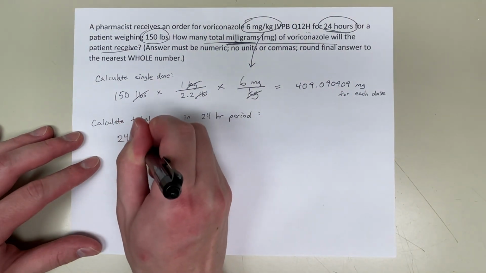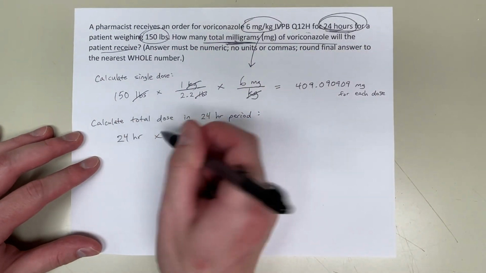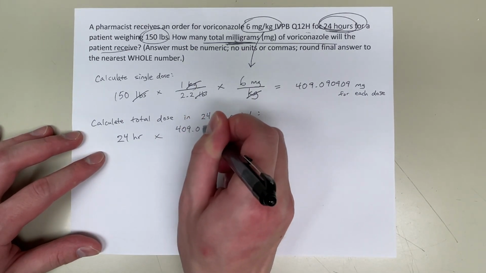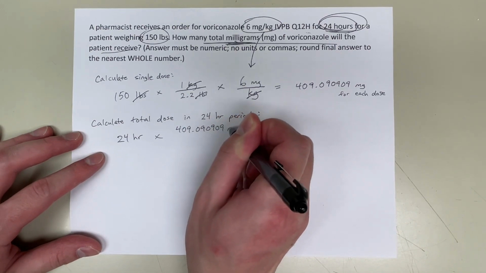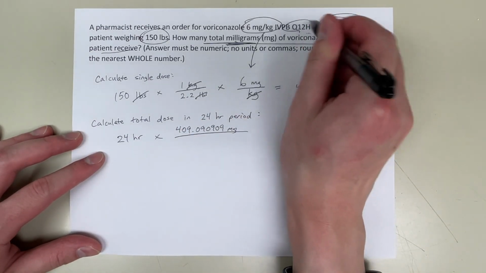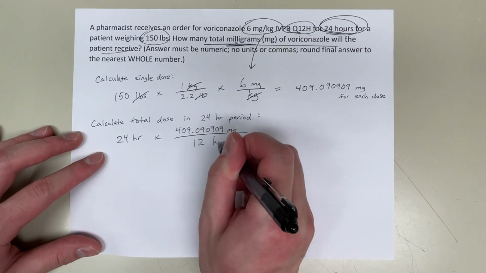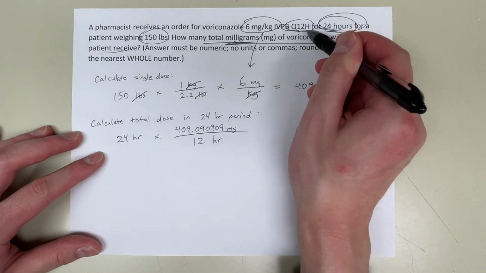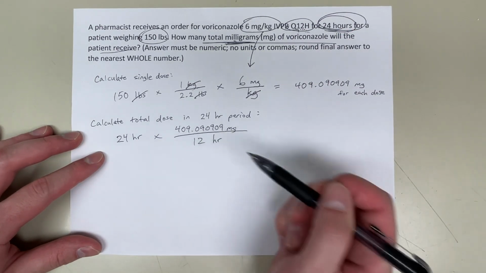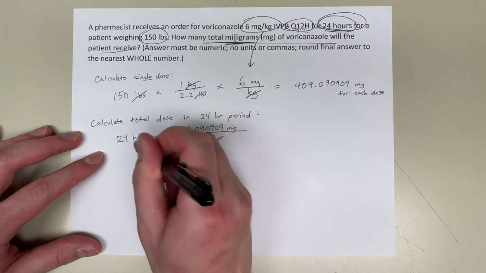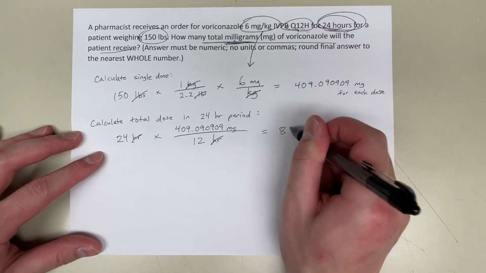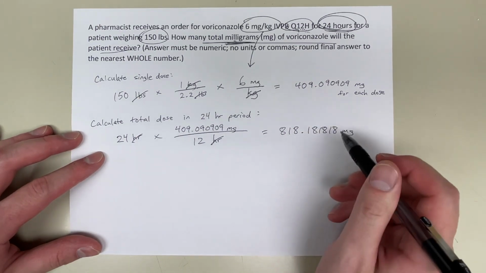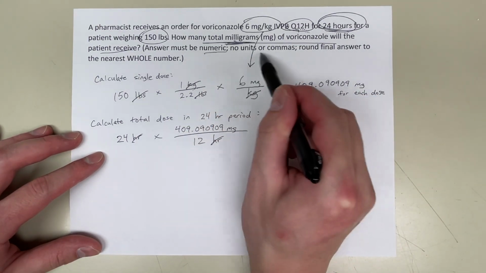So I'm going to take 24 hours, multiply that by the dose that they get every 12 hours. Right, that's where I got this from, because every 12 hours they get this dose. So hours and hours cancel out, and that equals 818.181818 milligrams.